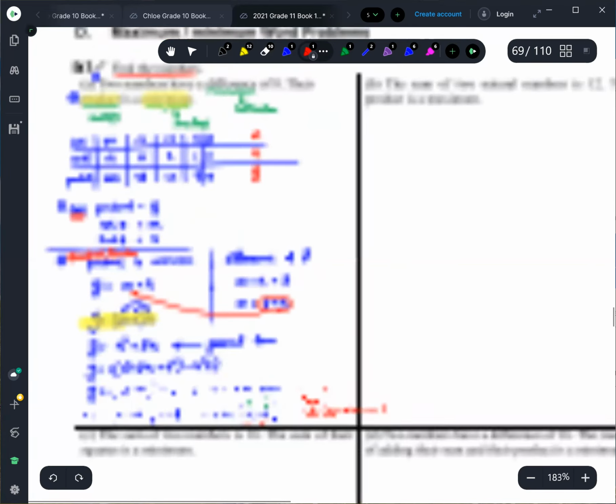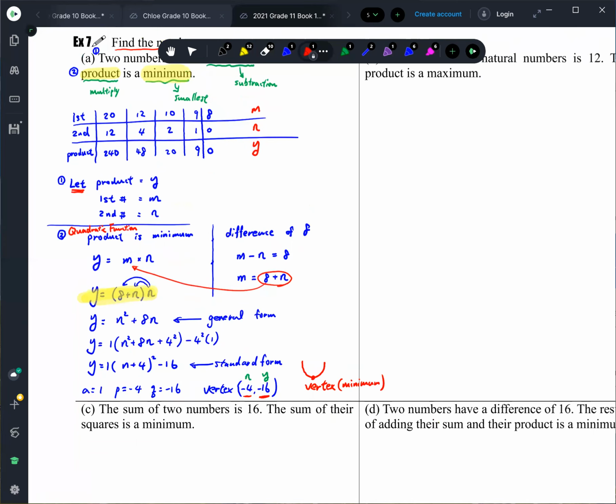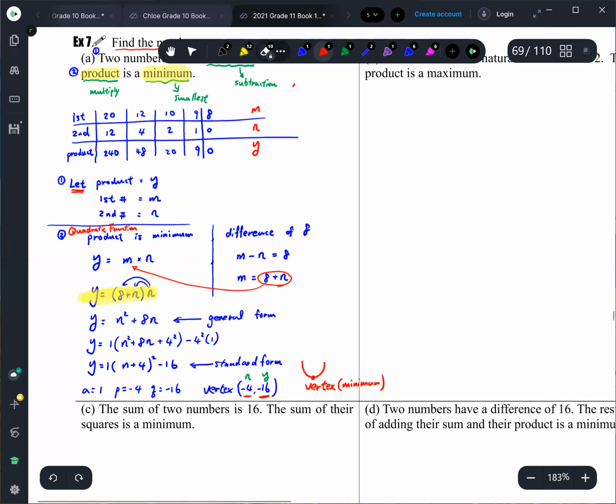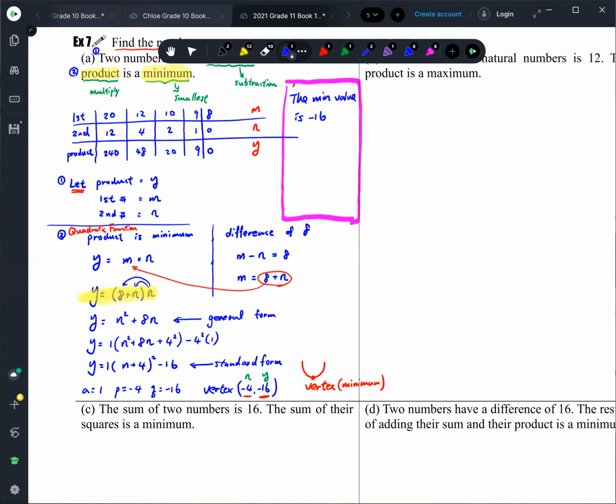Okay, I don't have space to write that down. I'm gonna put it up here as our conclusion. So let me draw a box up here. From there we can write down the minimum value is -16. Because it opens up, it gives you a minimum, and the minimum value is the y value, the q.